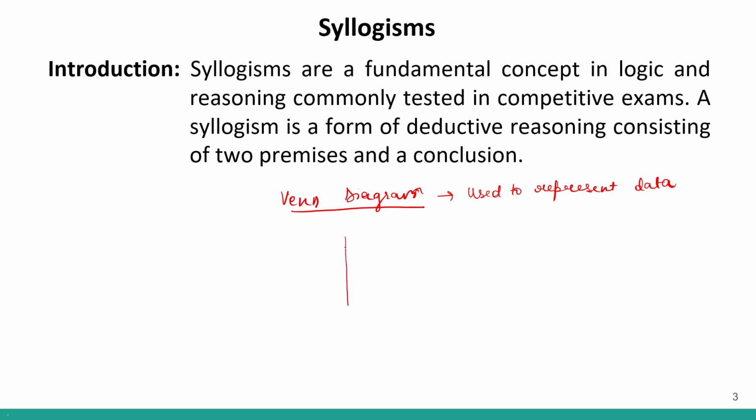Let's say this rectangle represents a school. Now there will be various people working in a school. The major portion of a school will be comprised of students. Apart from students, we will also have teachers in the school.